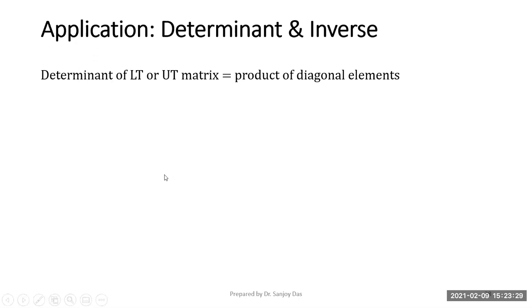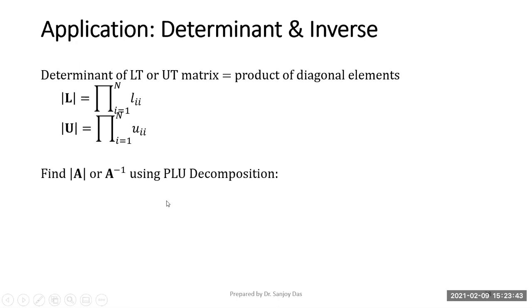So this is the determinant of a lower triangular matrix L, the product of its diagonal elements Lii, and the same thing for the upper triangular matrix. So we can use the PLU decomposition algorithm to find the determinant of any matrix A, or to find the inverse of the matrix. So A equals PLU.